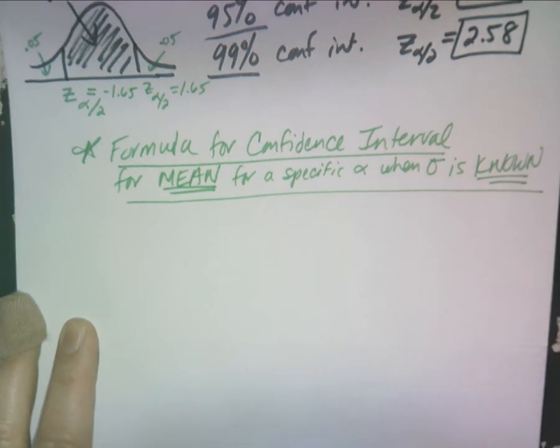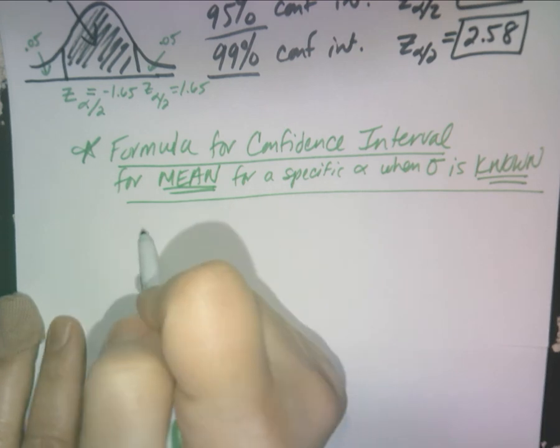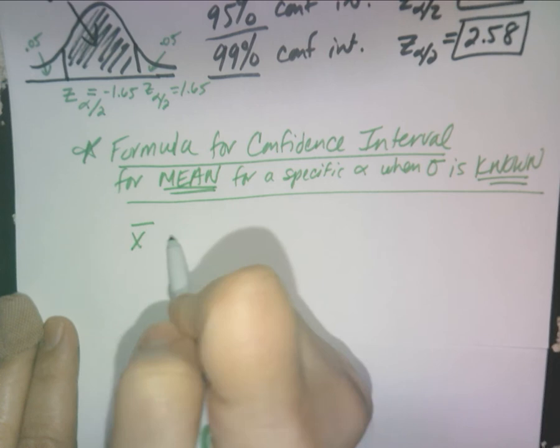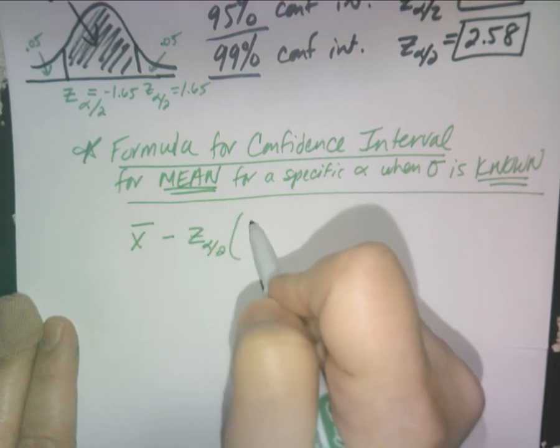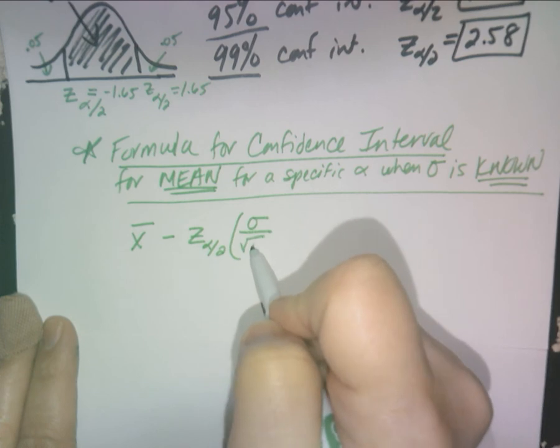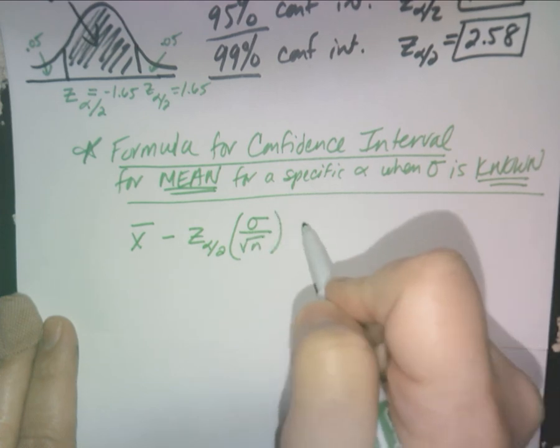Formula for a confidence interval for mean for a specific alpha when the standard deviation is known. Again, this makes you look smart. All this stuff that we're about to write. So here's the formula. Write it down, and then we're going to just quickly talk about it. And you're going to look brilliant. You show your parents this, they'll be like, my child doesn't need calculus. Look how smart they are.